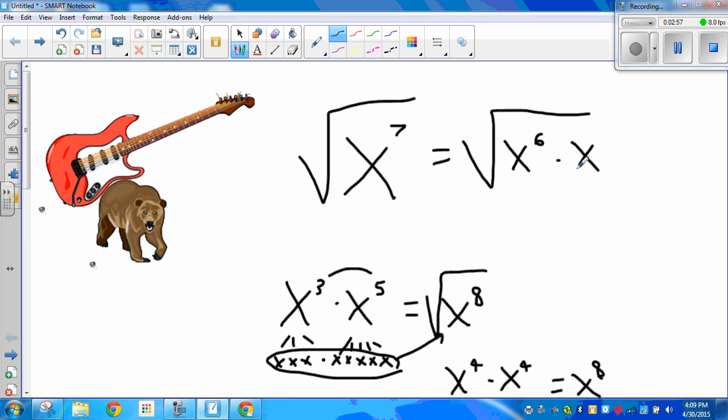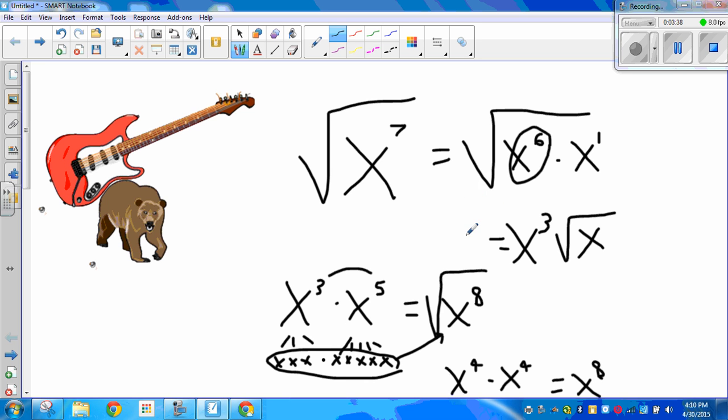I do this because I can take the square root of x to the 6th, and I'm always going to leave off the extra x to the first. Divide the 6 by 2, and you get x cubed. Since I cannot take the square root of x to the first, I just leave it under the square root, and I don't bother putting the 1. This reads x cubed radical x. That's my answer, the simplified version of the square root of x to the 7th power.